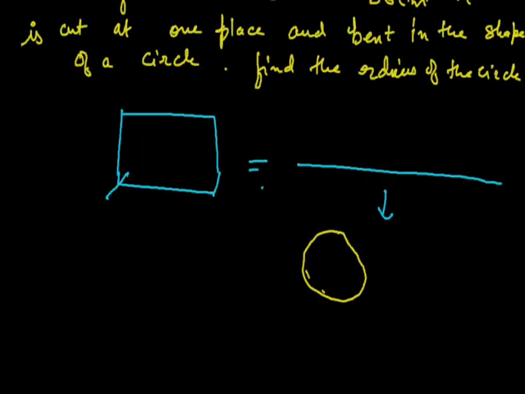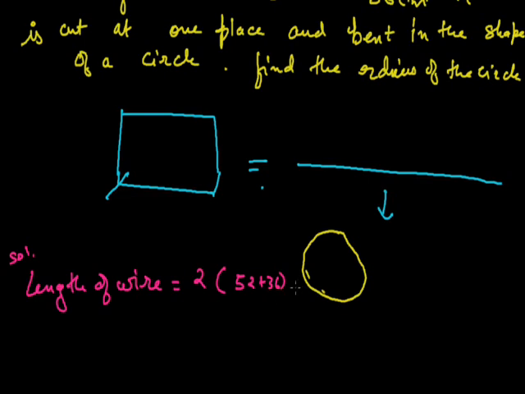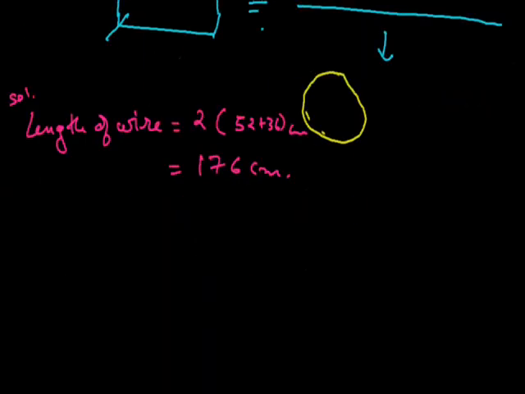So we can first find the length of the wire, that will be equal to the perimeter of the rectangle, that is 2 times length plus breadth, that is 52 plus 36 centimeter. That comes out to be 176 centimeter. Now this 176 centimeter is equal to the perimeter of this circle.